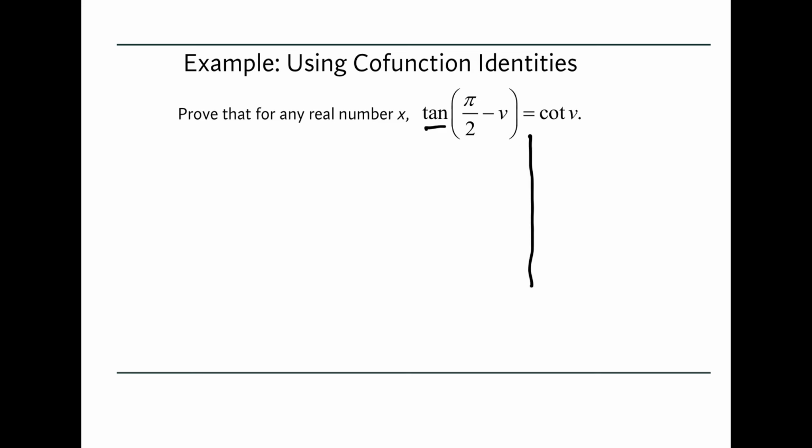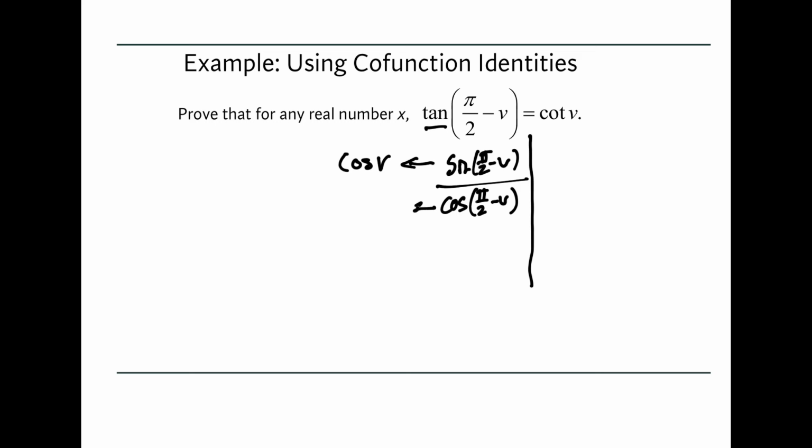Remember, tangent is just sine over cosine. So this would be the sine of this same angle, pi over 2 minus v, over cosine of that angle, pi over 2 minus v. That's what tangent is. It's sine over cosine of the same angle. Well, sine, we know, of pi over 2 minus v is cosine of v.